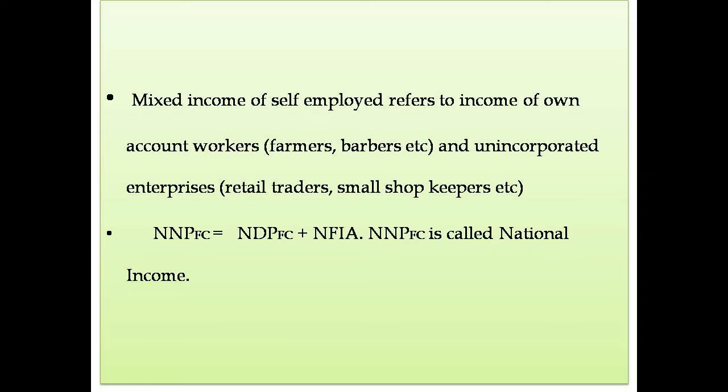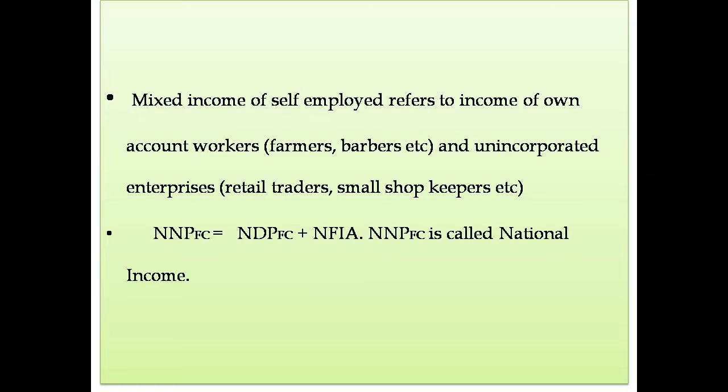That is what we call mixed income of self-employed. If it is given in the problem, you can consider it, otherwise you can think that mixed income is zero. So that is how we calculate NDPFC.